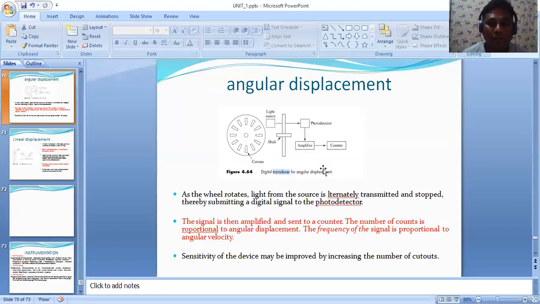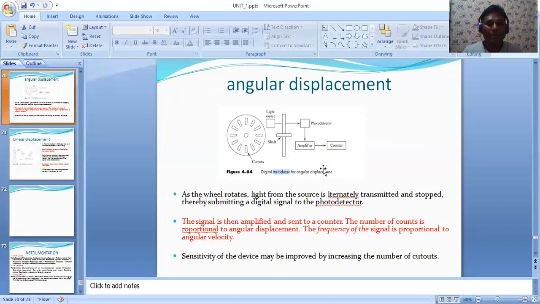Here, as the wheel rotates, the line from the source is alternately transmitted and stopped, thereby submitting the digital signal to the photodetector. The signal is then amplified and sent to the counter. The number of counts is proportional to angular displacement.